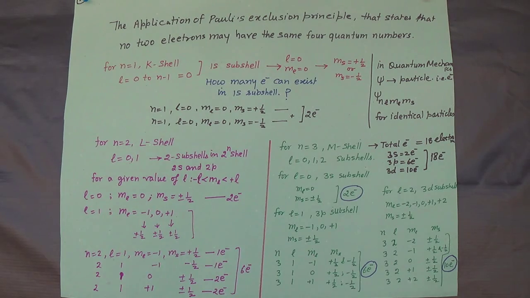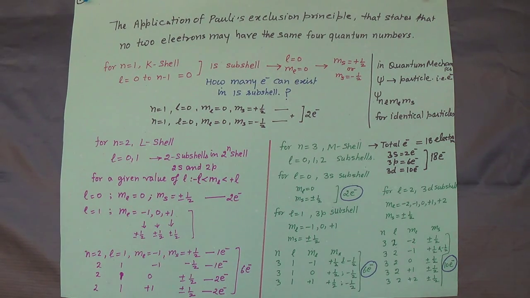How many electrons will be in the 1s subshell? For that we will discuss ml, the third quantum number. ml will be equal to 0. How? Because for a given value of l, ml varies from minus l to plus l.